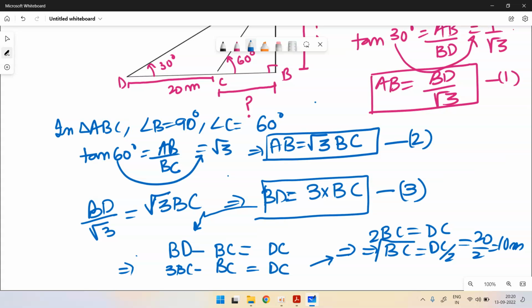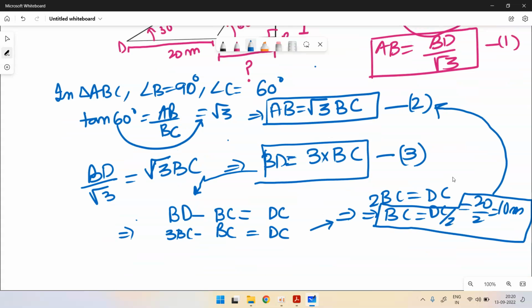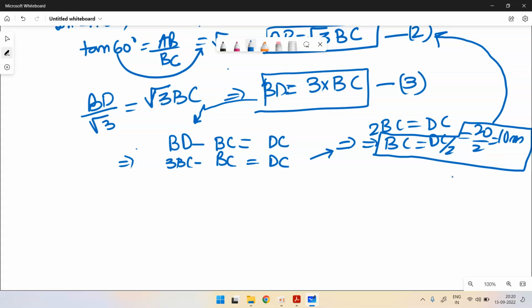So BC is 10 meters. If you substitute the value of BC in equation number 2, AB is equal to root 3 BC, which implies AB equals 10 root 3 meters.